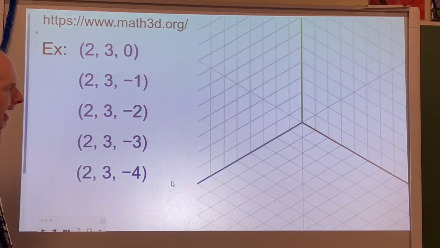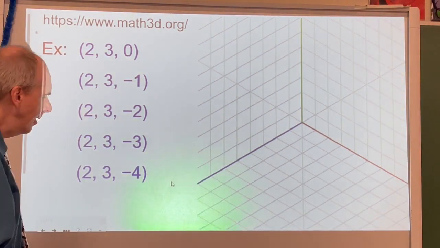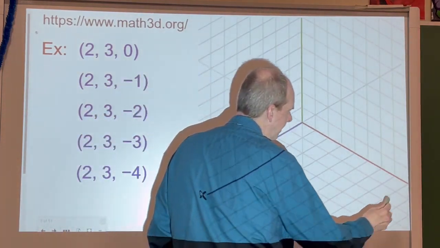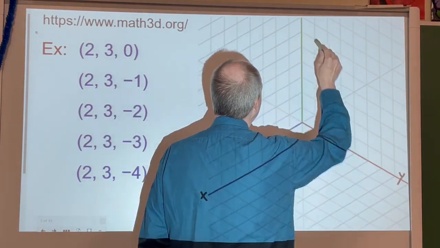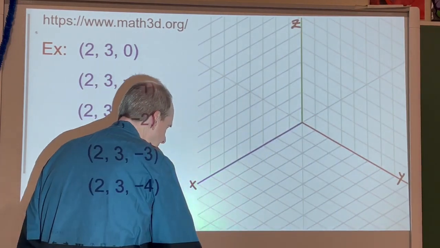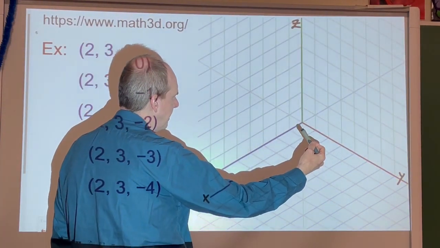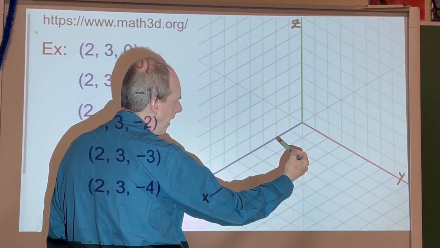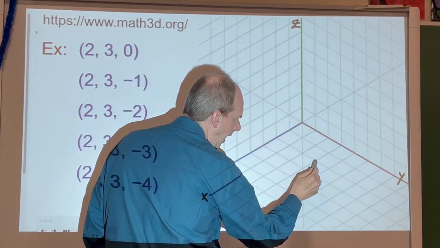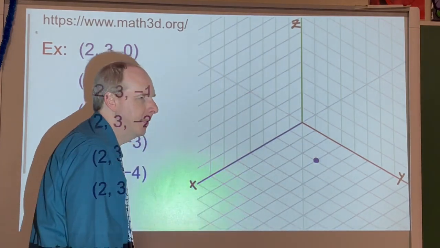If I try and graph 2, 3, 0, well, keep in mind, this is your x-axis. Over here is going to be our y-axis. This is going to be our z-axis. So if I go 2 units on the x positive and 1, 2, 3 units on the y, and I don't go up or down at all, well, that's where I am.